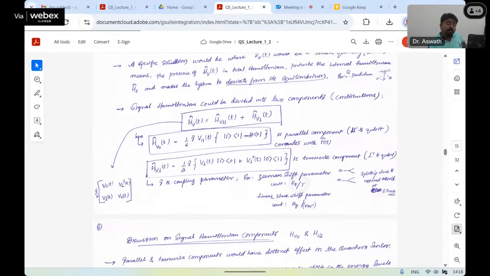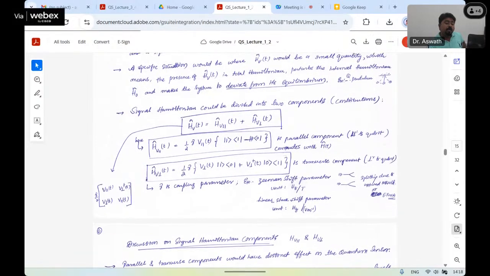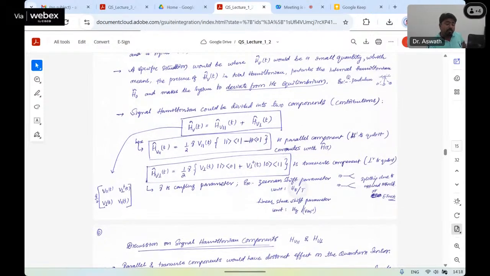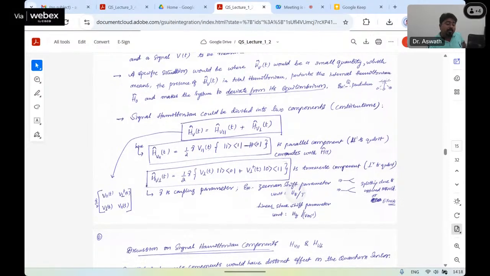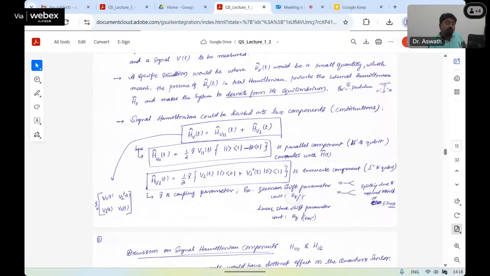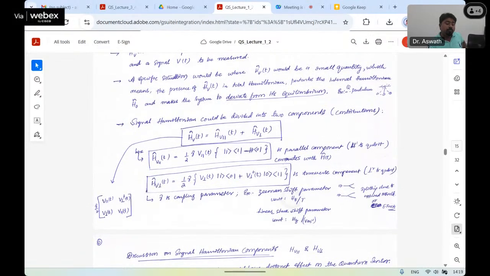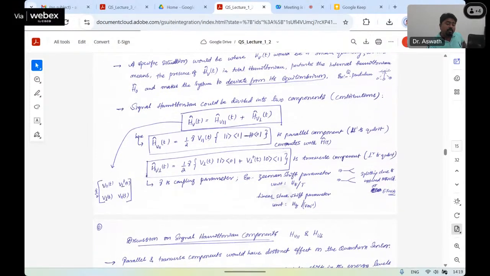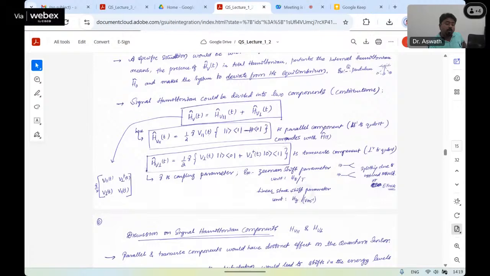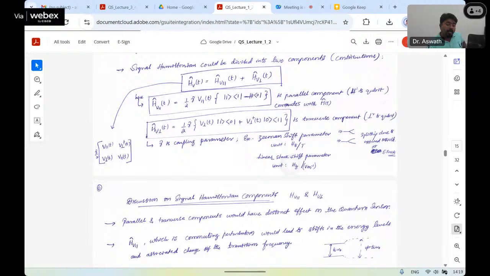The perpendicular component is the one which is perpendicular to the qubit. The qubit could be arranged, let's say a spin qubit, as an up spin or a down spin. So the parallel component would be in the vertical plane, and the perpendicular component of the Hamiltonian would be in the horizontal plane. I have given here what the parallel component and perpendicular component would look like.